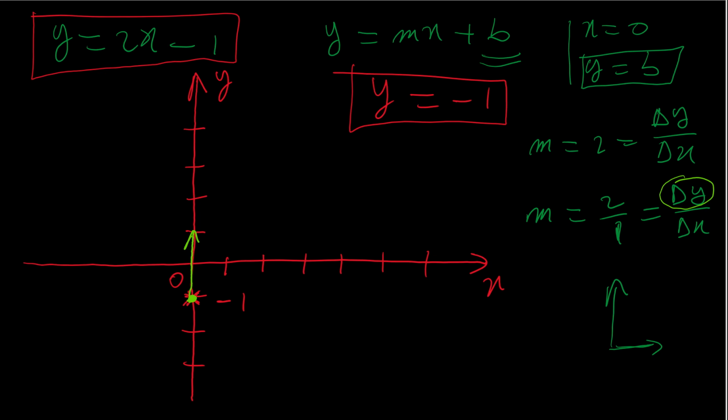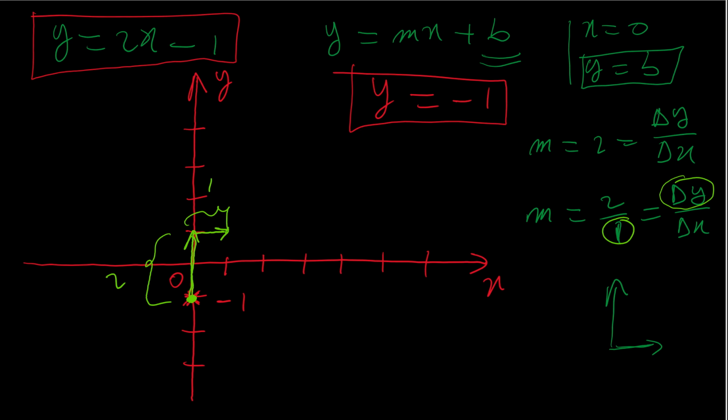Then the change of x, which is in this case 1, is also positive, so you go right by 1. So this distance is 2 and this distance is 1.